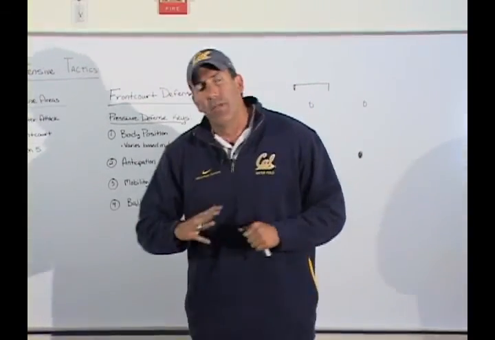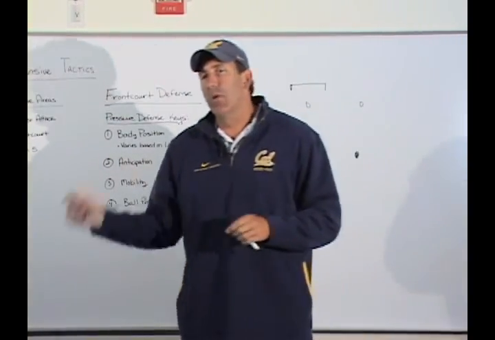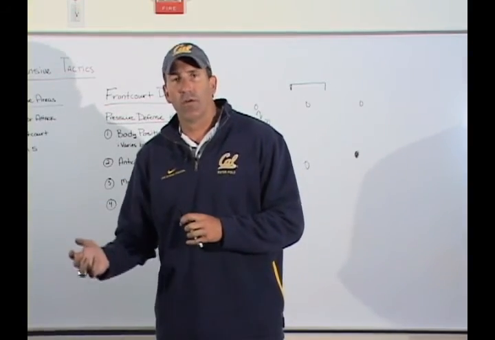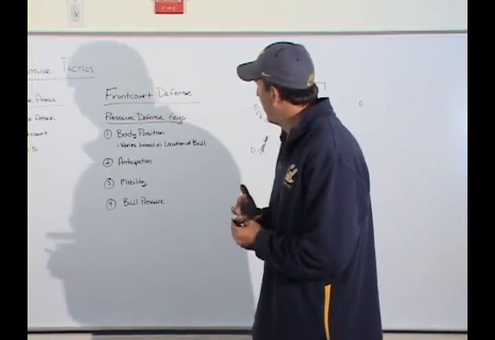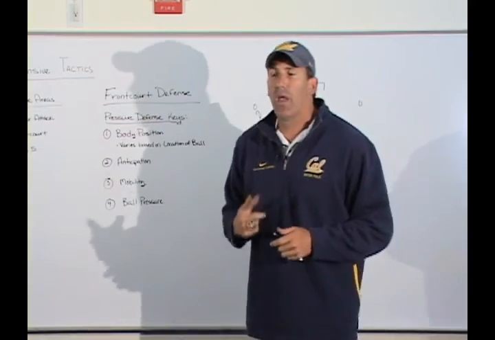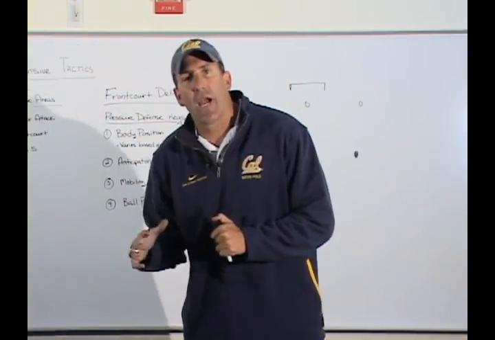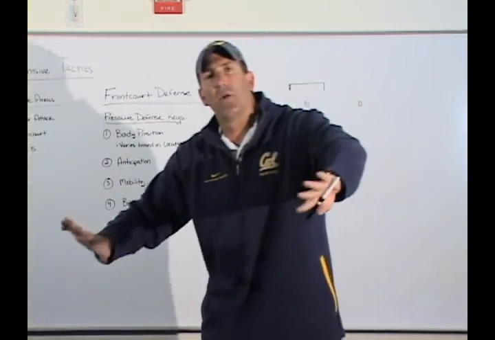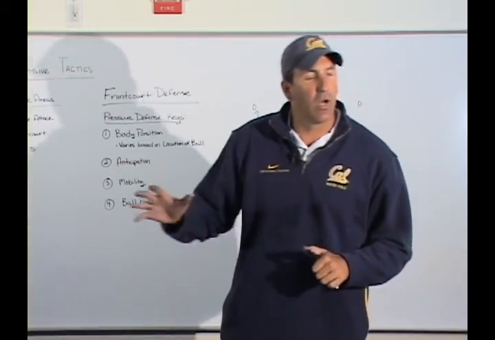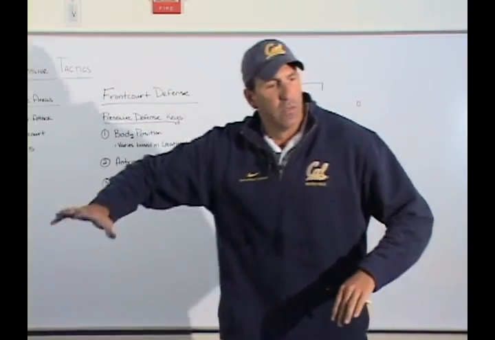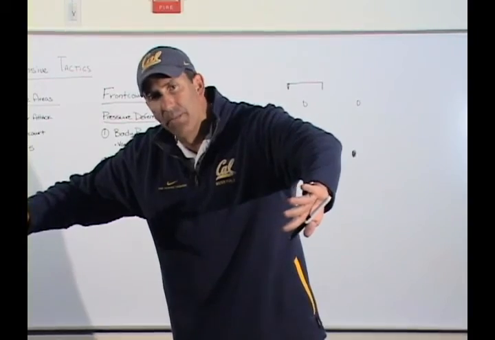Why is that? The further the ball is away from you, the more time you're going to have to recover on the offensive player. So if the ball is 1 position away, you want to maintain contact and be in a tight denial position. I'm going to have good contact on the offensive player, and I'm going to be up in the passing lane.